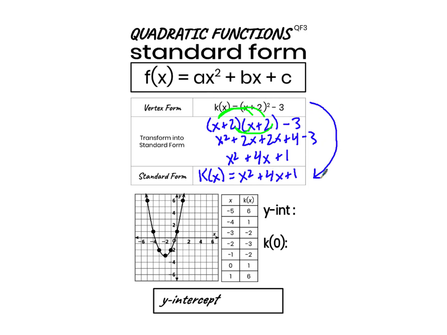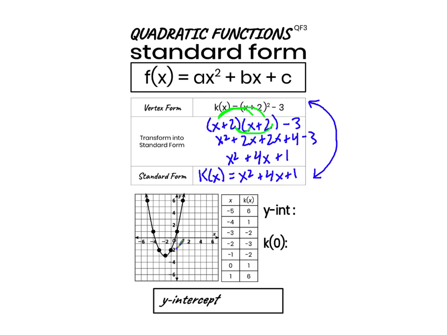These two ways of writing the quadratic function describe exactly the same function. This is the graph of that function, and this is the table of that function. Again, these are exactly the same function, just written in two different forms, vertex form and standard form.